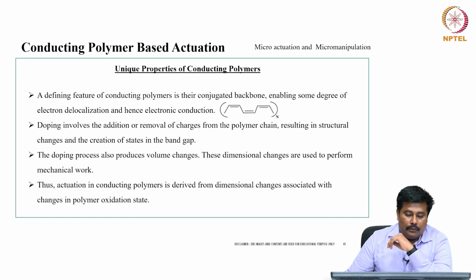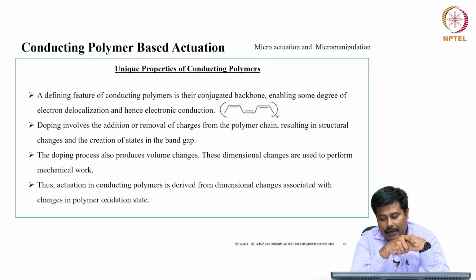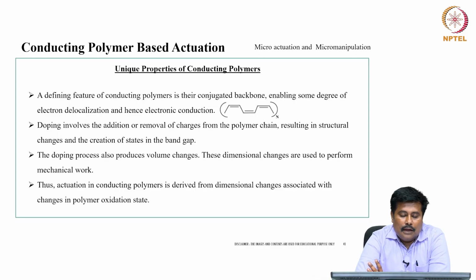Some of the unique properties of these conducting polymers: the defining structure of a conducting polymer is its conjugated backbone, which enables some degree of electron delocalization and hence electronic conduction.